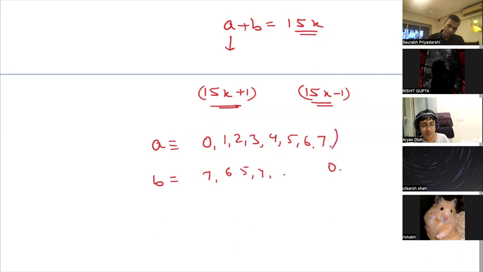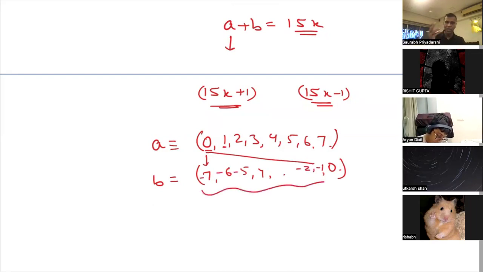If this is coming as 0, then this is giving you 0. In one case this is giving you 1, so for 1 you have 14, then 2 and 13, then 3 and 12, and so on. So we always have the reverse of this.